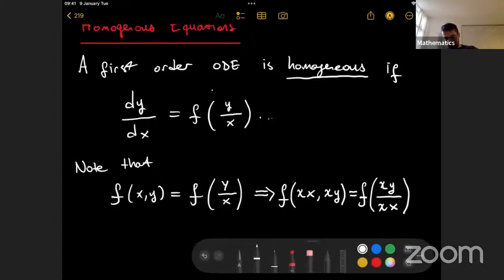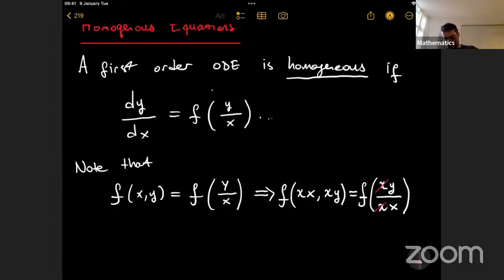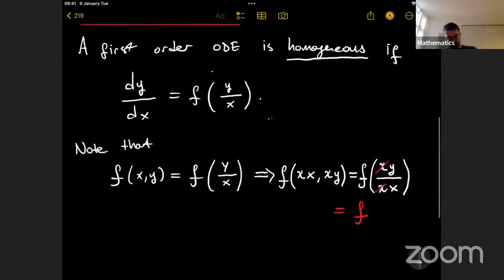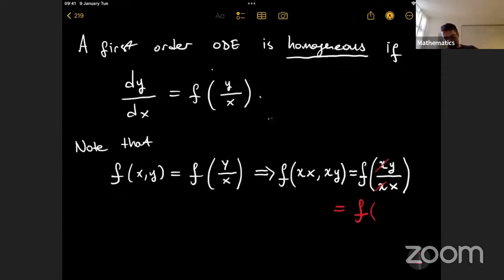Then you cancel out the lambdas and we get f(y/x) again. So this is a nice way to check that the right hand side gives a homogeneous differential equation: you multiply with an arbitrary real lambda and you get the same function at the end.